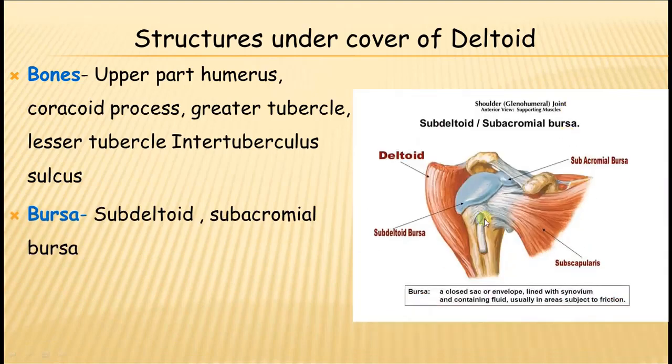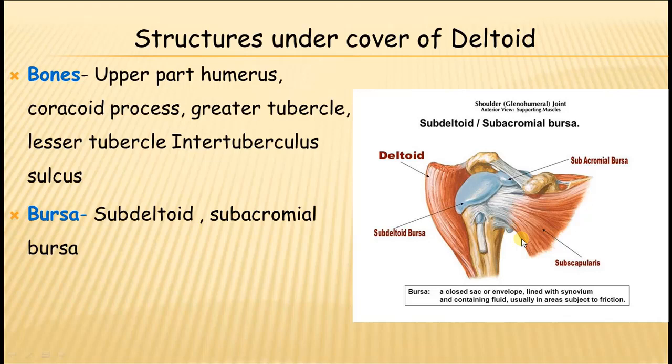So the subdeltoid bursa is beneath the deltoid, and the subacromial bursa is behind the coracoacromial arch. One more bursa is here behind the insertion of the subscapularis muscle, which is called the subscapular bursa. So three bursae are there under the cover of the deltoid muscle.